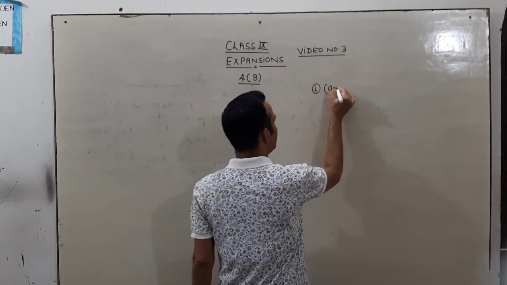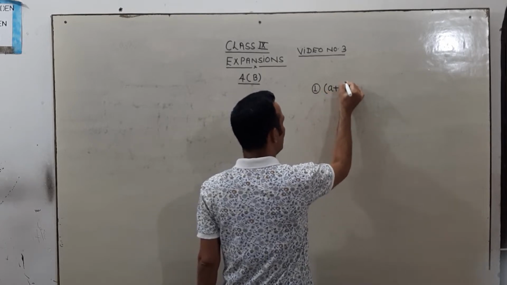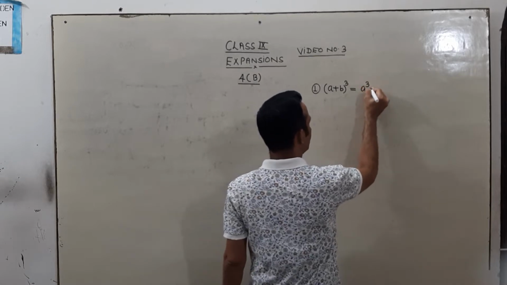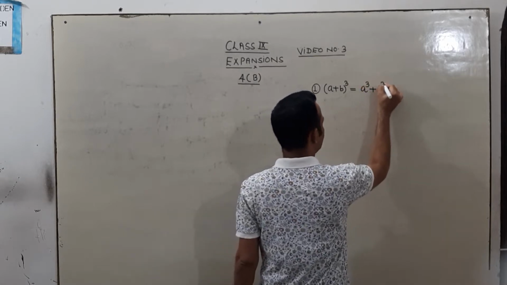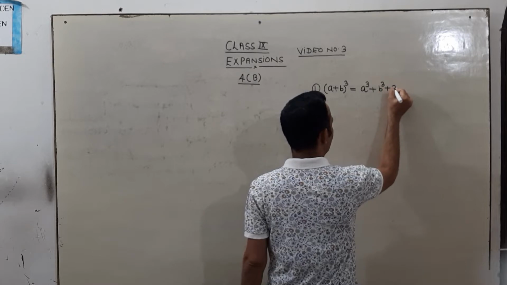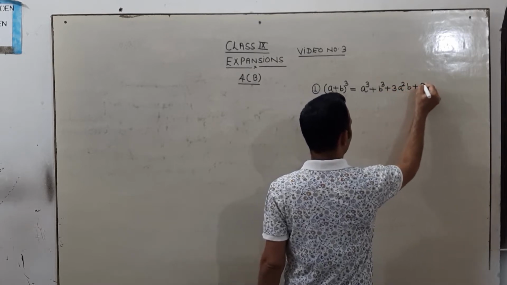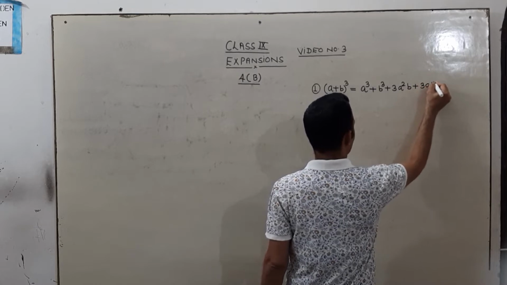(a + b) whole cube is equal to a cube + b cube + 3a square b + 3ab square.